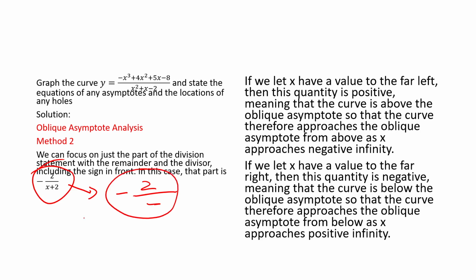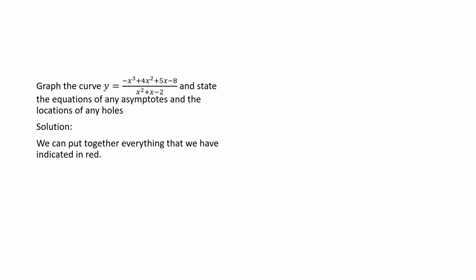All in all, that'll be positive, which means that as x goes to negative infinity, y will be approaching the oblique asymptote from above. But if we let x have a significantly positive value, then -2 over x plus 2 becomes a negative quantity, and so our curve will be approaching the oblique asymptote from below.